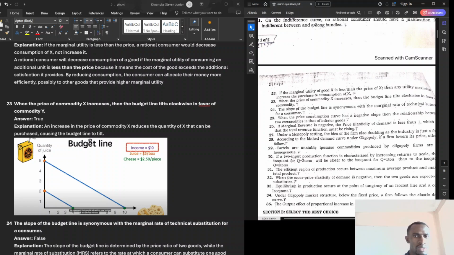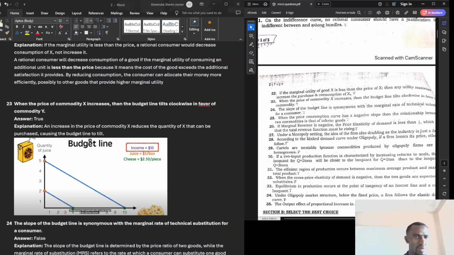Then the budget line tilts clockwise in favor of commodity Y. This is our commodity Y. And so when we buy more of this, this one will have to shift inwards in favor of this Y, letting Y increase.